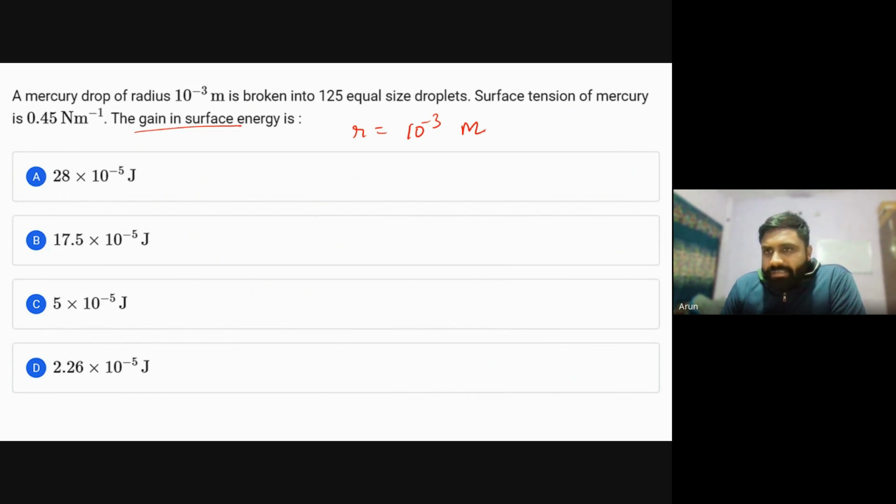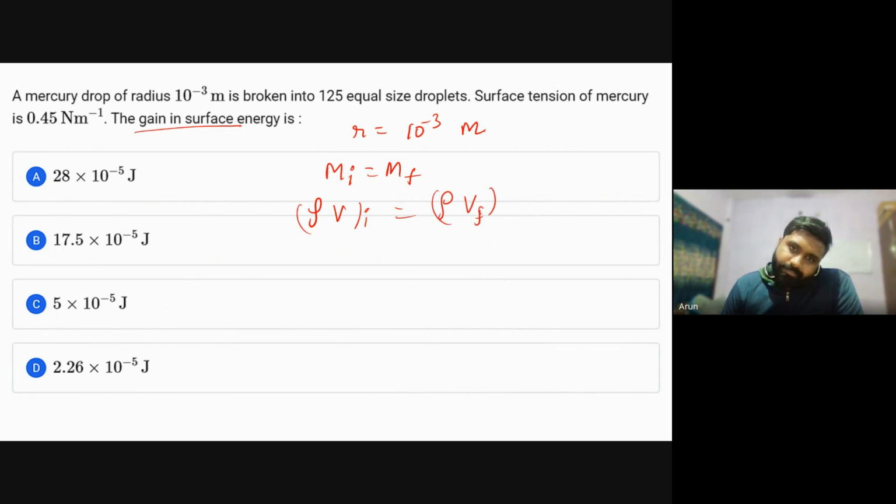Now the mass will remain the same. So mass initial is equal to mass final. Mass you can write as density multiplied by volume, and the density will remain the same. So volume initial is equal to volume final. Initially you have 4 by 3 pi R cube, and finally you have the volume of 4 by 3 pi r final cube.